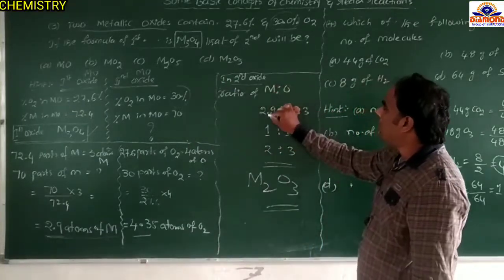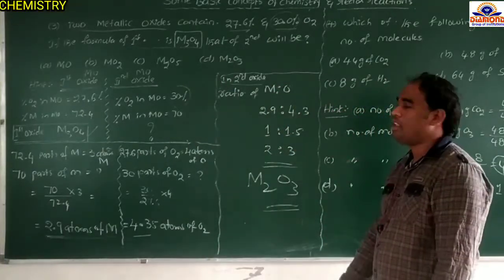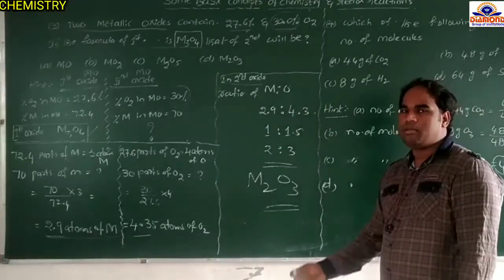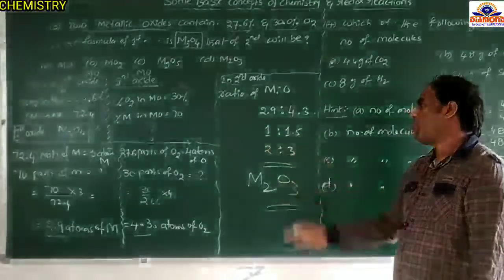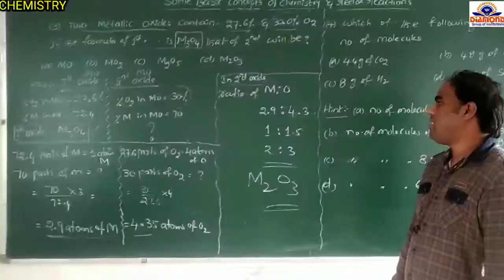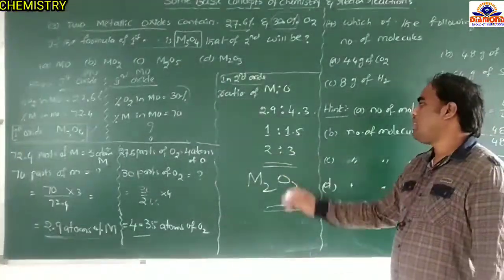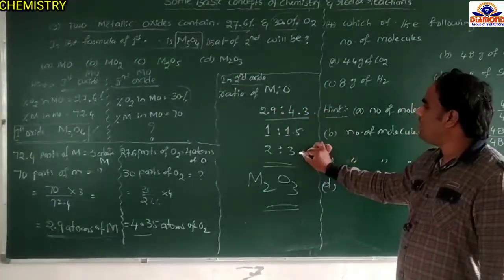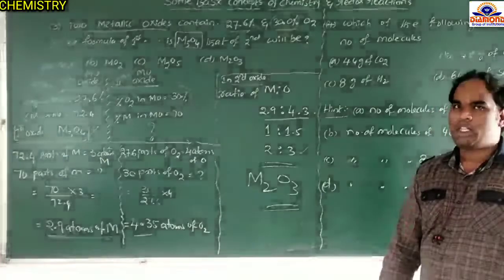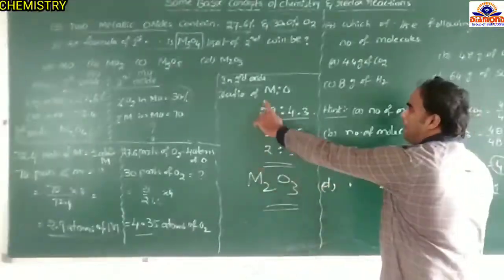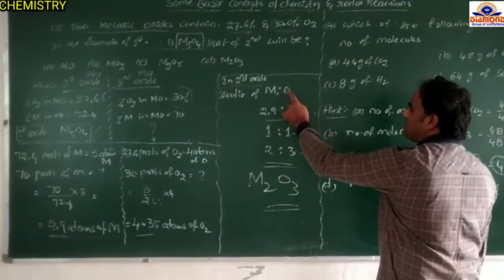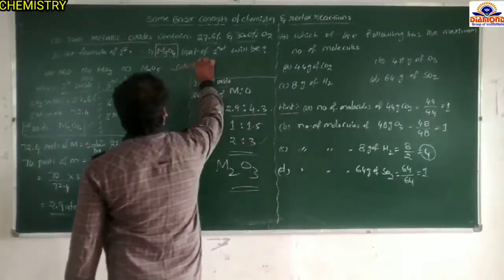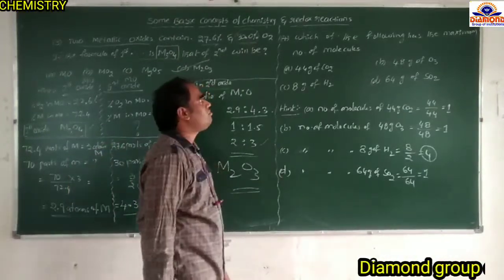The ratio 2.9 to 4.35 is nothing but 0.6. 1 to 1.5 is 0.6, and 2 to 3 is also 0.6. That means 2.9 to 4.35 is 2 to 3. Both values are the same. Therefore, metal is 2, oxygen is 3, and M2O3 is the formula. Therefore, option D is the answer.